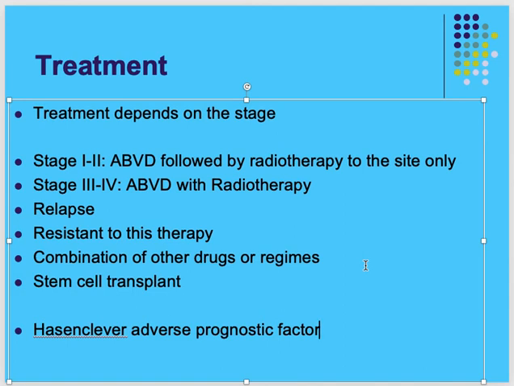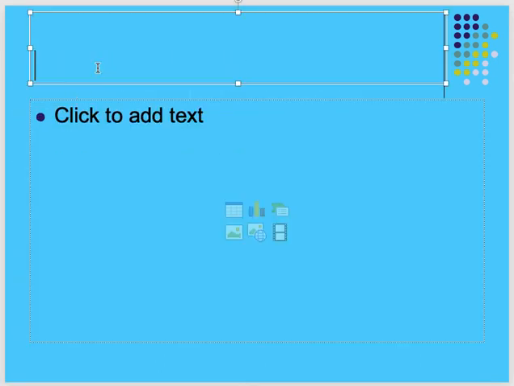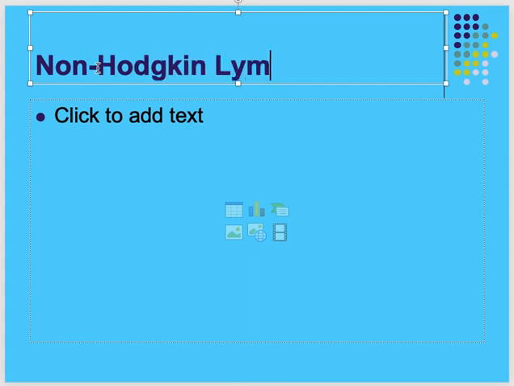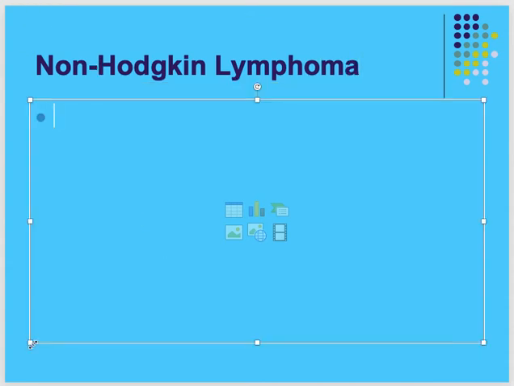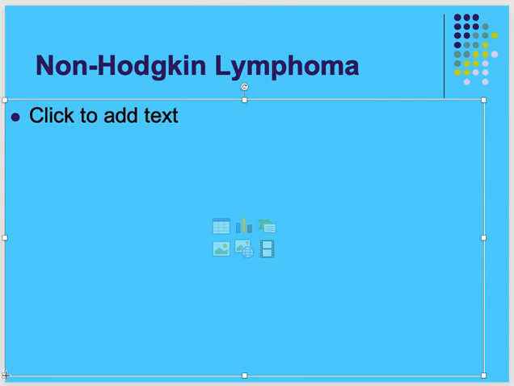The other thing which we are going to cover is non-Hodgkin lymphoma. Non-Hodgkin lymphoma and Hodgkin lymphoma, as I told you, the main difference is the Reed-Sternberg cells, right? So again, the definition is quite easy.